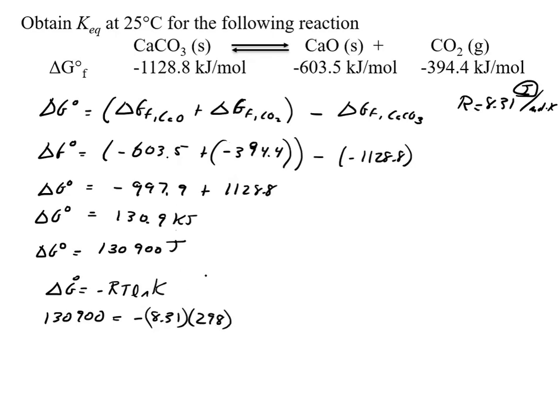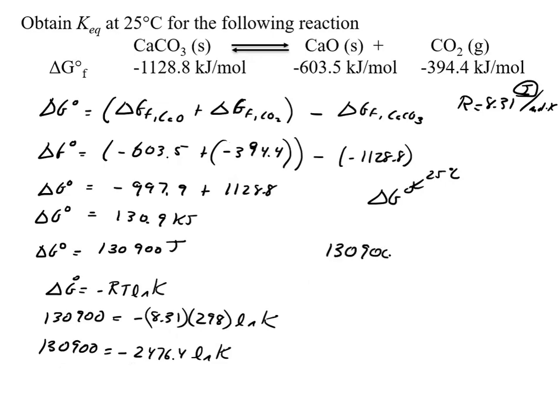Even if it's not given to you in the delta G naught, this means 25 degrees C. So I have 130,900 is equal to a negative 2,476.4 natural log of K. So I'm going to divide both sides by that negative. So I have 130,900 divided by a negative 2,476.4 is equal to natural log of K.